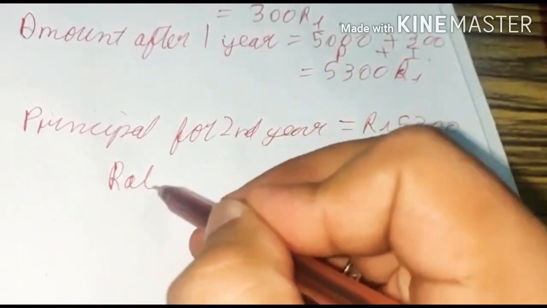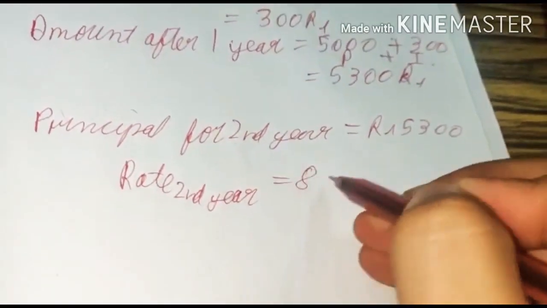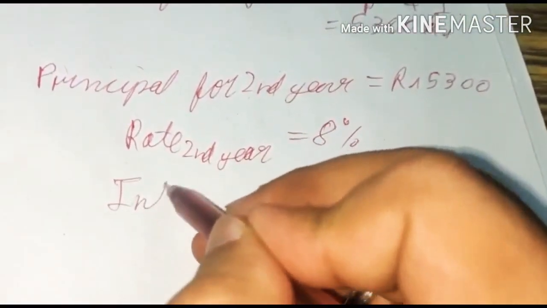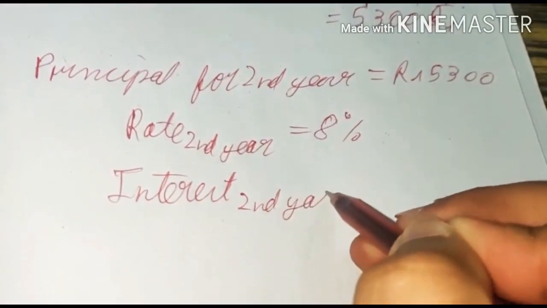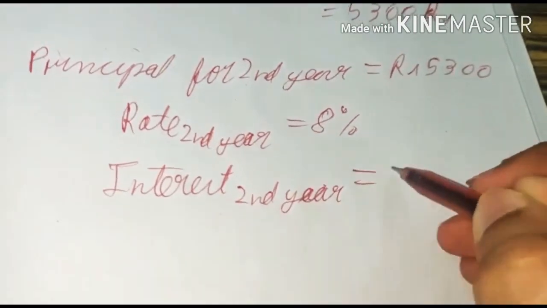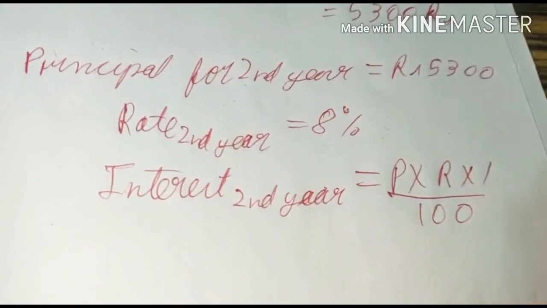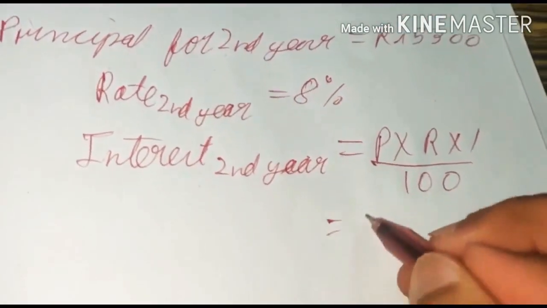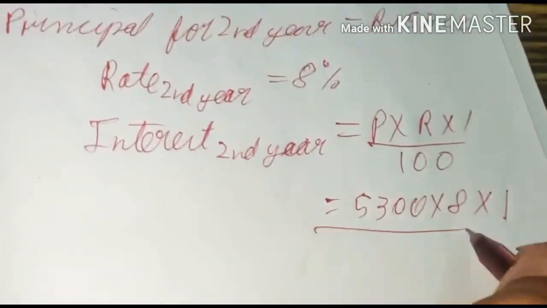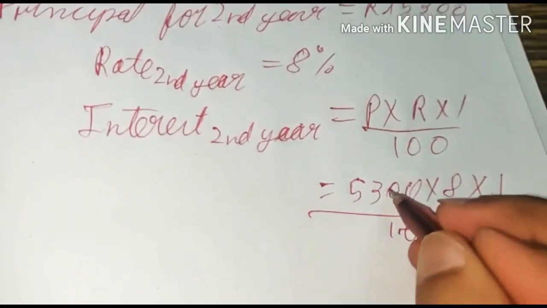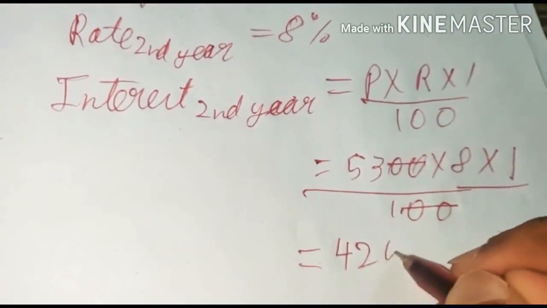So rate of interest for second year is 8%. So interest for second year is P into R into 1 upon 100. Time for the second year, that duration of second year is 1 year. So 5,300 into 8 into 1 upon 100. 53 into 8 gives 424 rupees.